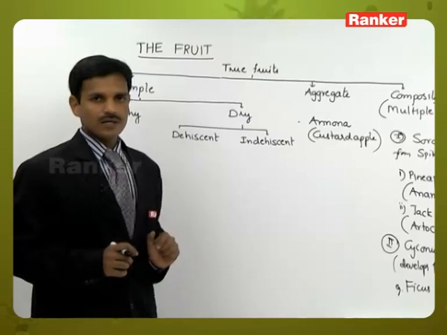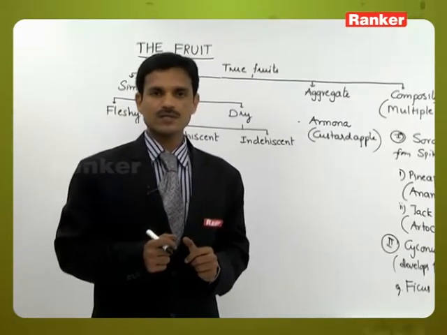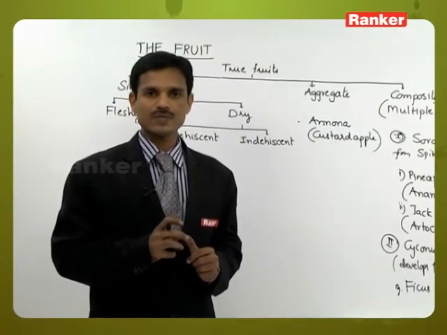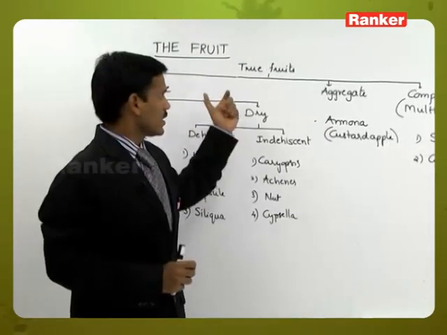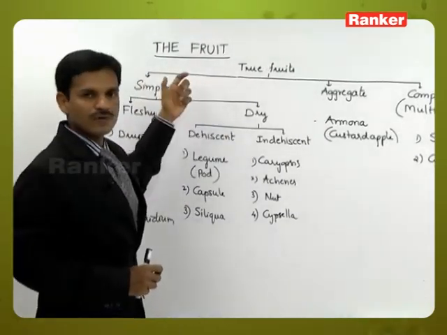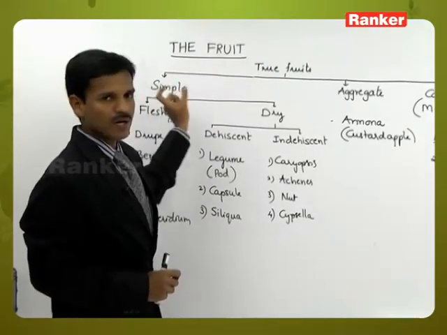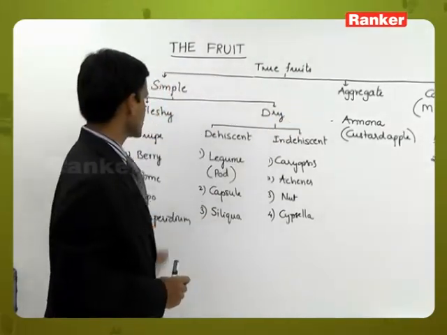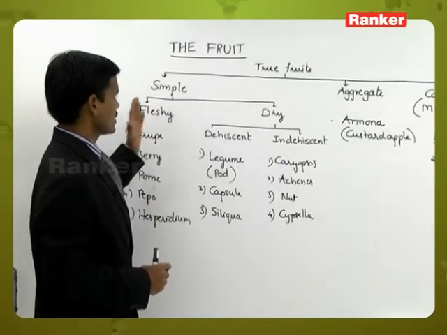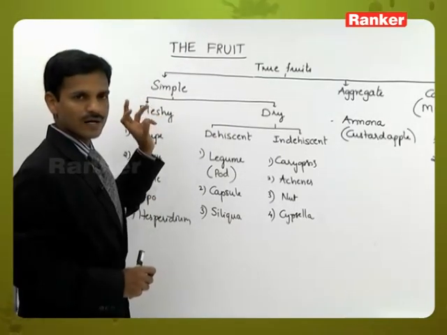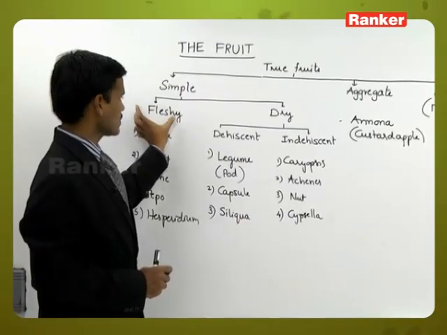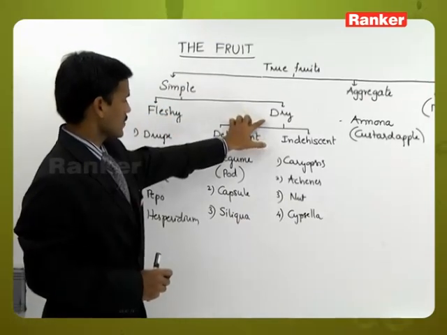So that is about fruits and types of fruits. In total, it is the classification of true fruits. True fruits are mainly of three types: simple, aggregate and composite fruits. Fleshy fruits and dry fruits are based on the nature of pericarp. Pericarp is the fruit wall, fleshy or dry.